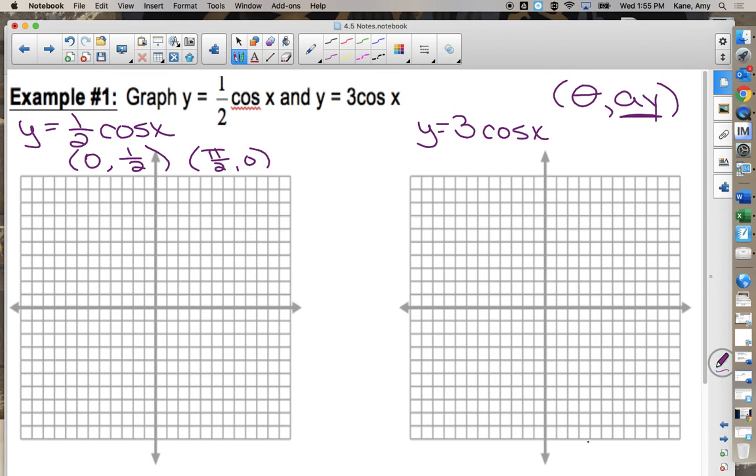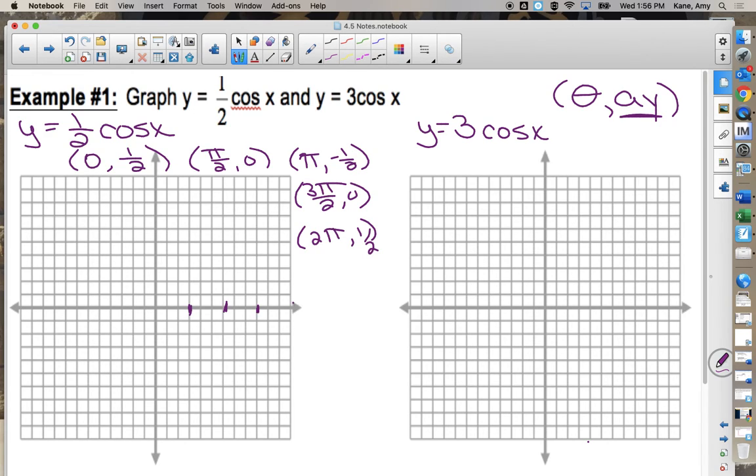Yeah, it's cosine. So we're looking at a cosine graph. So we're starting up high at 1. I'm going to label the x-axis exactly the same way because x isn't changing.